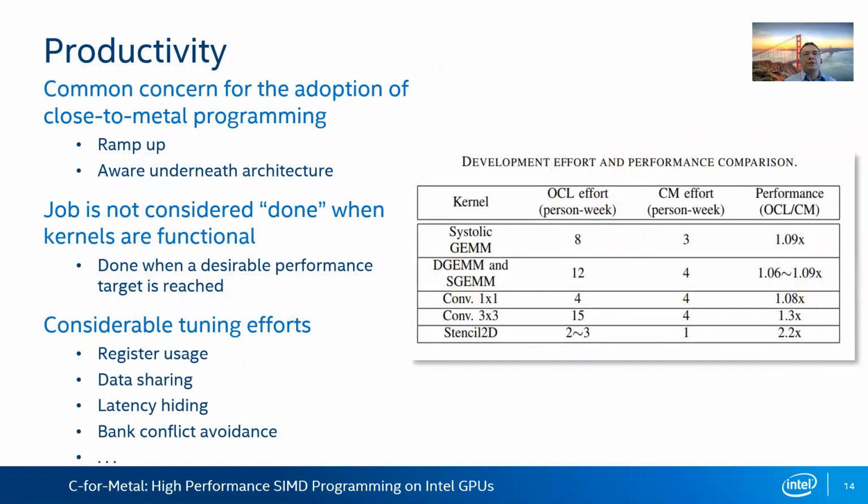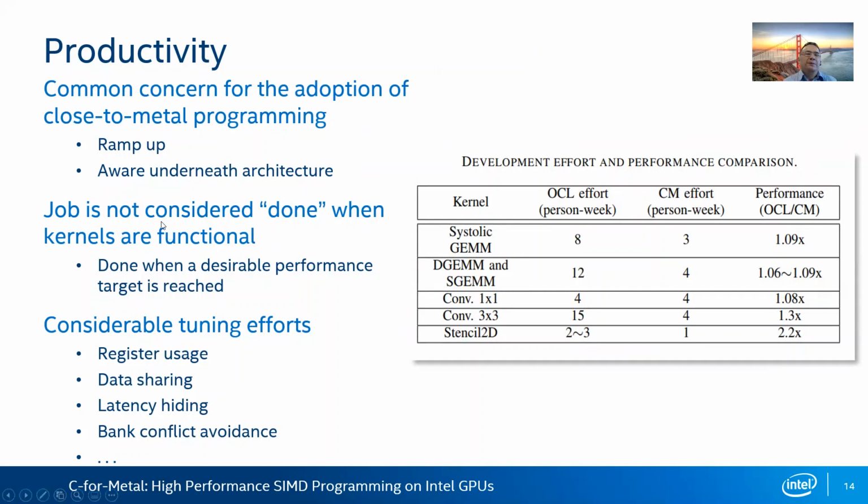Programmability is a common concern for the adoption of close-to-metal programming. One must carefully weigh the performance advantage against the potential productivity loss due to the high ramp-up time and required hardware knowledge.